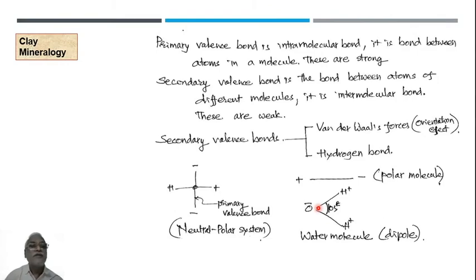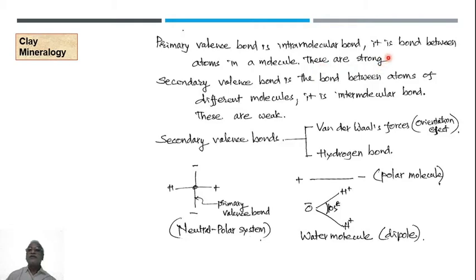Okay, here we'll be starting a slightly different thing. Primary valence bond and secondary valence bond. What it means, how these charges etc. come into the picture, that's what we are going to see. Just we'll go through. Primary valence bond is the intramolecular bond, right? It is a bond between atoms in a molecule.